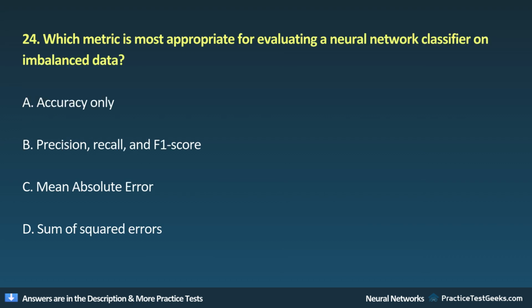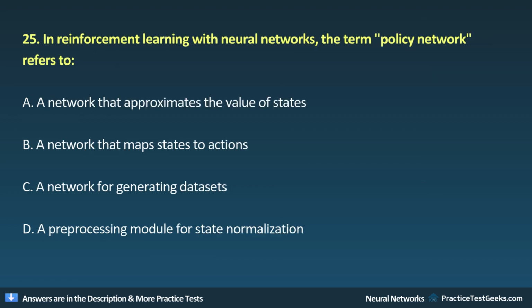24. Which metric is most appropriate for evaluating a neural network classifier on imbalanced data? A. Accuracy only. B. Precision, recall, and F1 score. C. Mean absolute error. D. Sum of squared errors. 25.